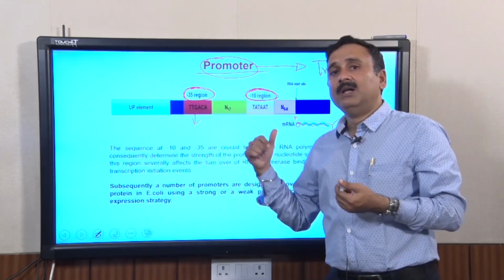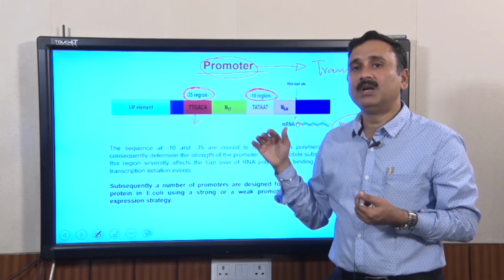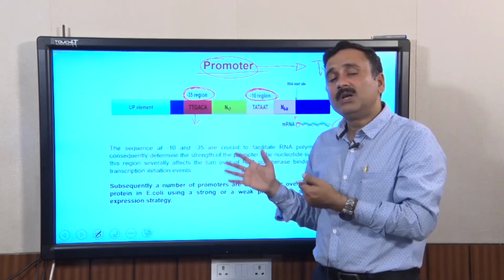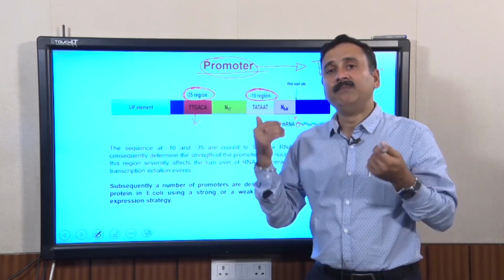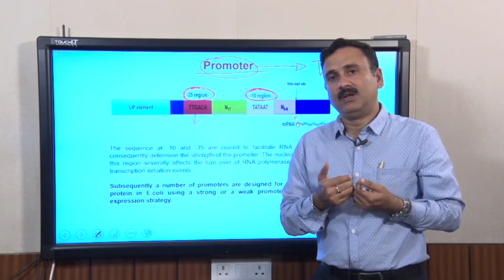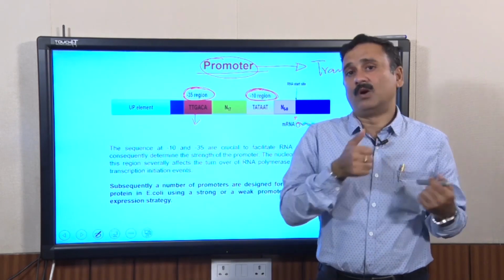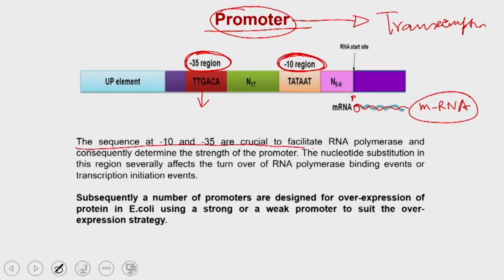As a result, the level of messenger RNA produced from these promoters is going to be less compared to the strong promoter, and consequently the amount of protein produced from the weak promoter is going to be less compared to the strong promoters. So, sequences at the -10 and -35 are crucial for facilitating the RNA polymerase binding.